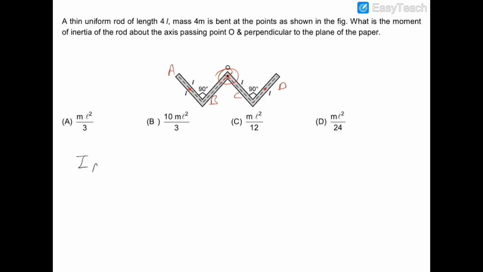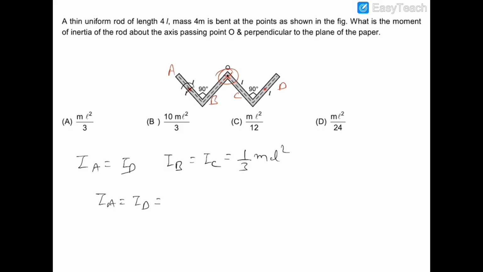So I of A will be equal to I of D, and I of B will be equal to I of C. In fact, the moment of inertia of B and C would each be 1 by 3 ml square, because this axis is passing through one end of this rod, therefore its moment of inertia would be ml square by 3. Okay, now the moment of inertia of A and D can be calculated by the parallel axis theorem.